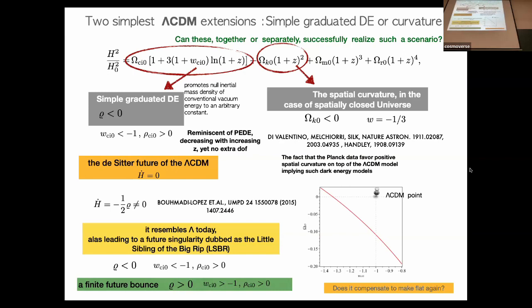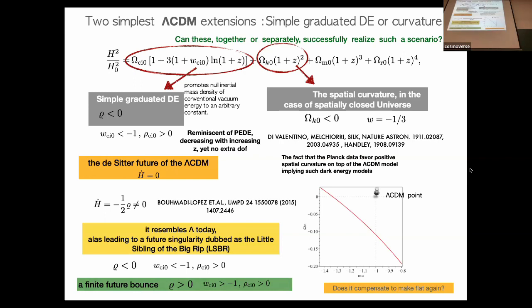It deviates much, to minus 1.3. And when we look at just spatial curvature, about 10% of the universe can be attributed to a spatially closed universe. So can these together successfully realize such a scenario?